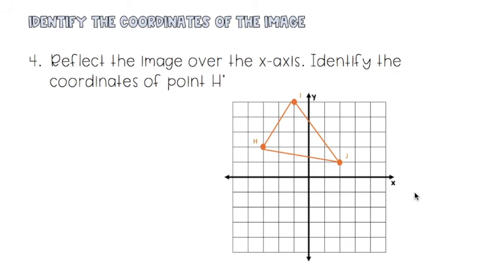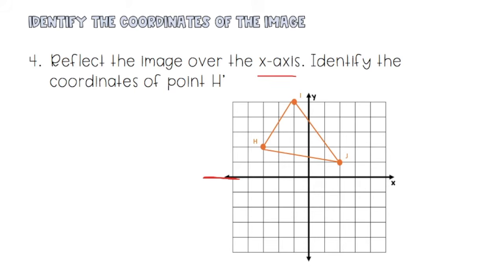Let's identify the coordinates of the image. So we're going to reflect the image over the x-axis and identify the coordinates of point H. I underlined the x-axis because my directions are telling me exactly what line we're going to use to create our mirror, our new image.